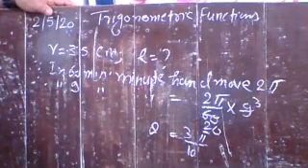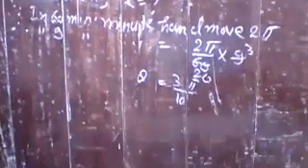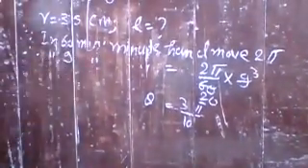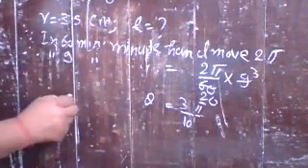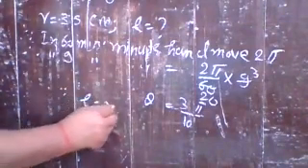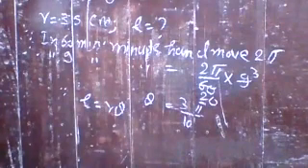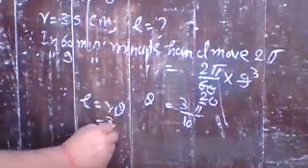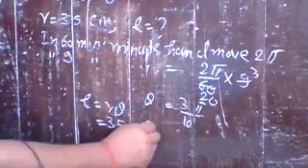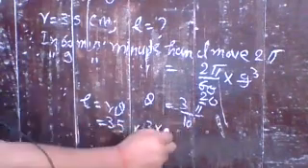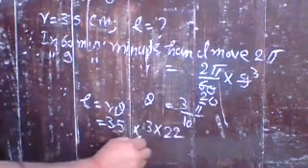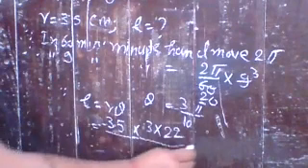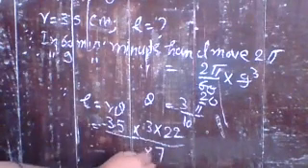Okay. Now applying the formula, theta is equal to L by R, and then L is equal to R theta. So L is equal to R into theta, putting its value and simplifying it. So you have 35 into 3, and the value of pi you can write as 22 by 7, and 10 also.